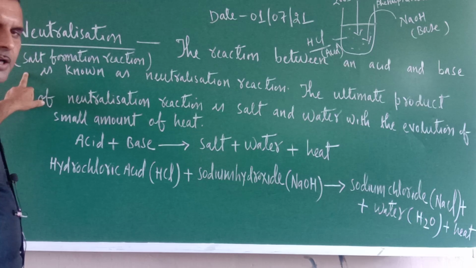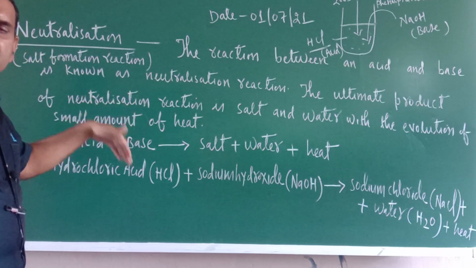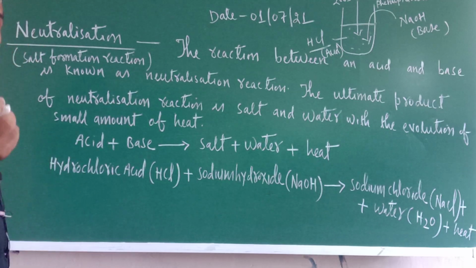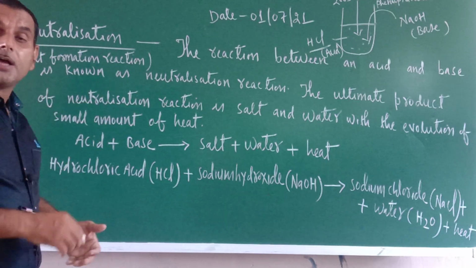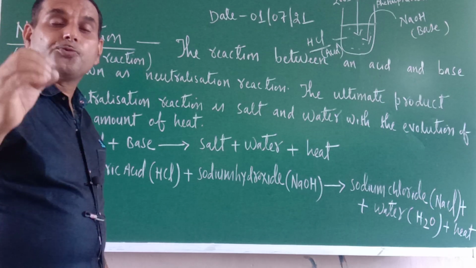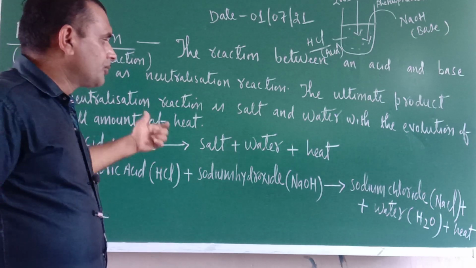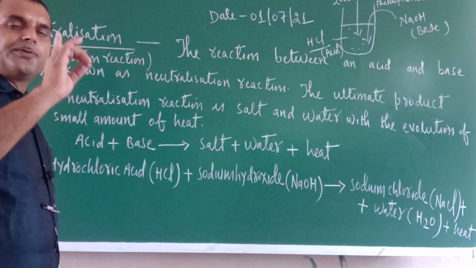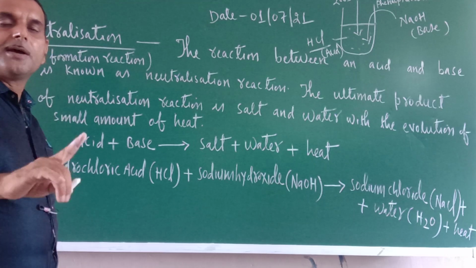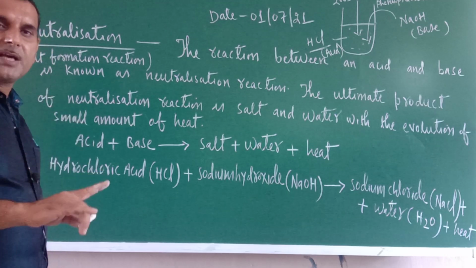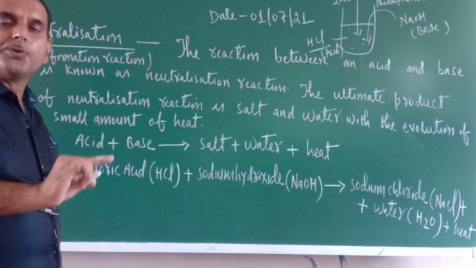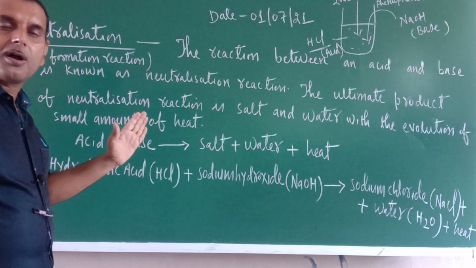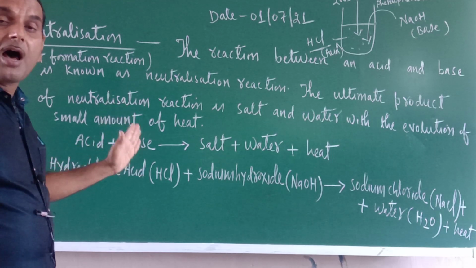In addition to the salt, some amount of water also forms and a small amount of heat is evolved, and that is why the test tube becomes hot. So ultimately, neutralization reaction is the reaction between an acid and base, and during the course of the reaction, salt and water are formed with the evolution of a small amount of heat.